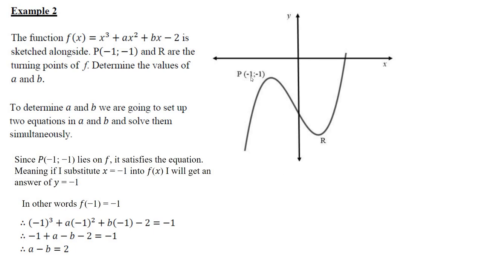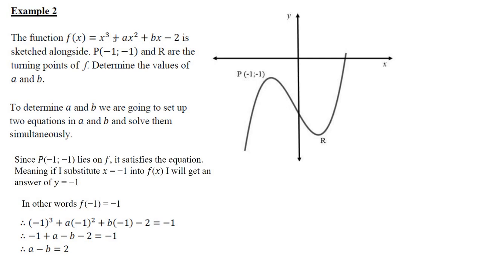We know that if we take -1 and put it in, we'll get -1 out for an answer. We also know that this is a turning point. So if we take the derivative right here, the gradient here is 0 at x equals -1.